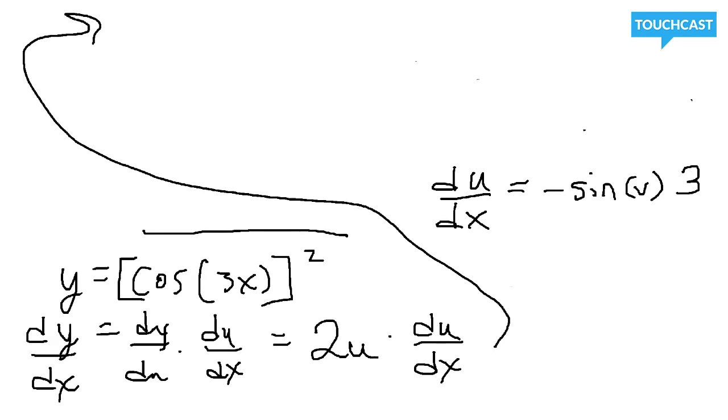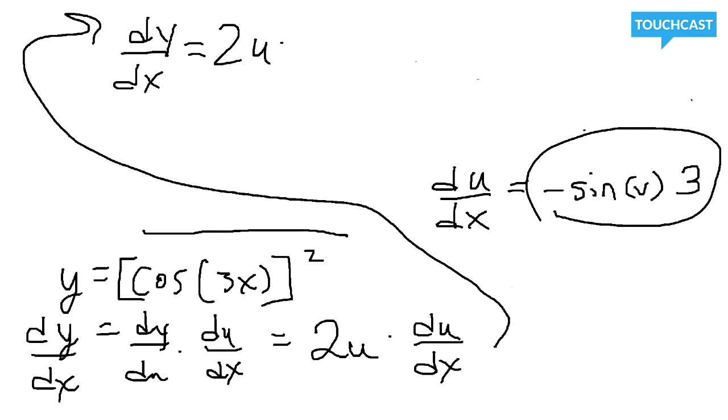So here's what I have so far. dy/dx is going to equal 2u times du/dx, but I just said du/dx is negative sine of v, should be a times sign, times 3.